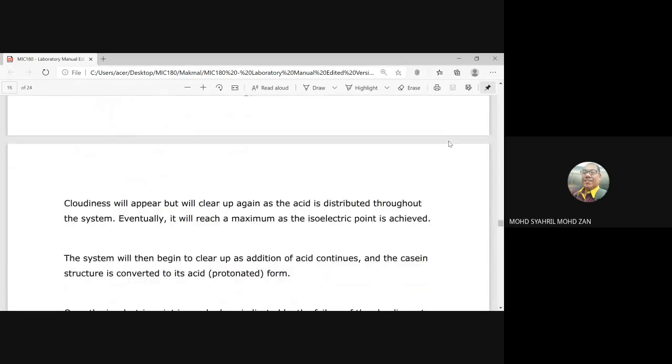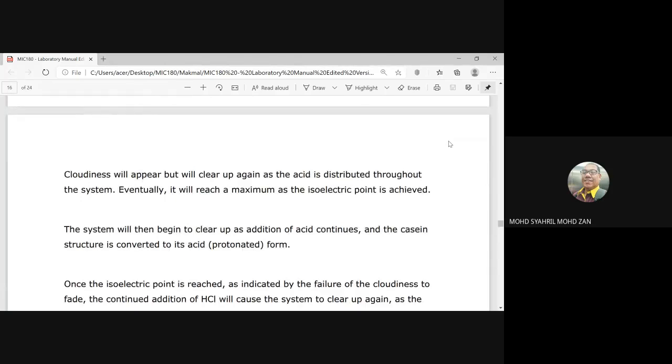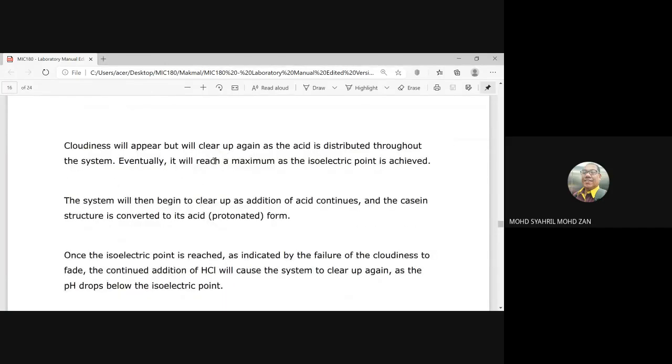Right. So from that, what you can get from here is that cloudiness will appear but will clear up again as the acid is distributed throughout the system. Eventually, it will reach a maximum as the isoelectric point is achieved. The system will then begin to clear up as additional acid continues to be added, and the cation structure is converted to the protonated form. Okay.